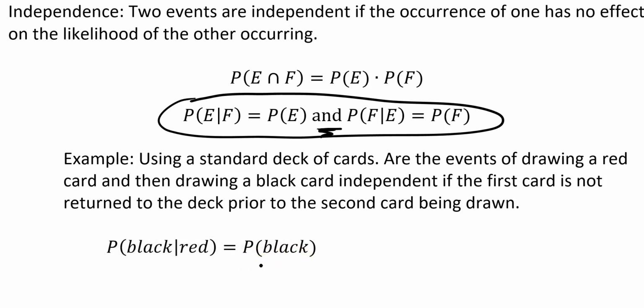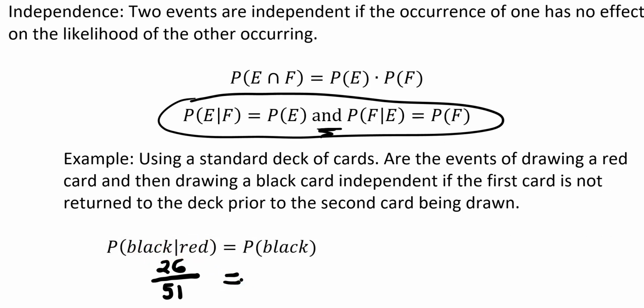Okay, so we go back to the situation where I have a deck of cards. I've taken off one card and it was red and I've set it aside. So I know that I have only 51 cards in my hand. And if my second card is drawn and it's black, it's 26 out of 51. That is black given red.